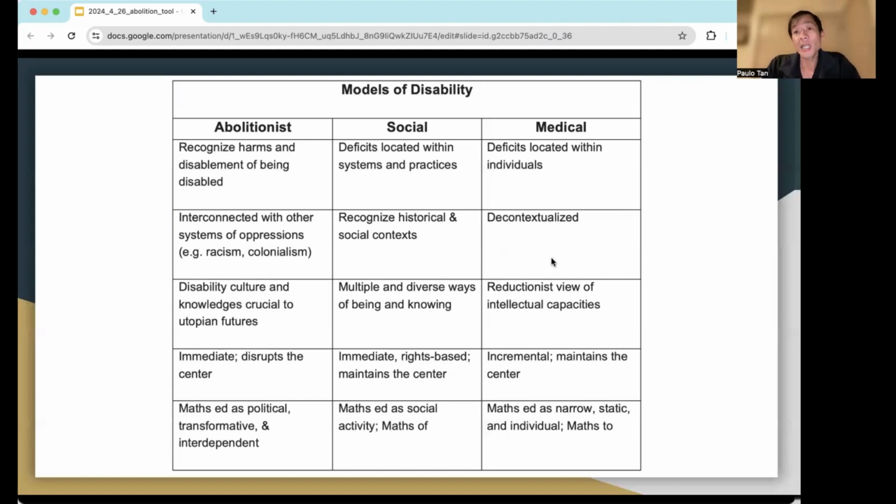So, this table really gets into a lot of details about the differences between the different models of disability.